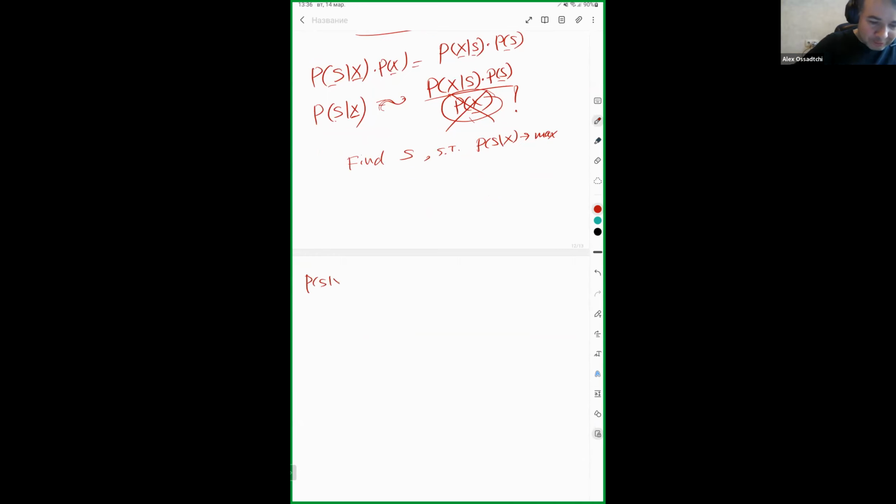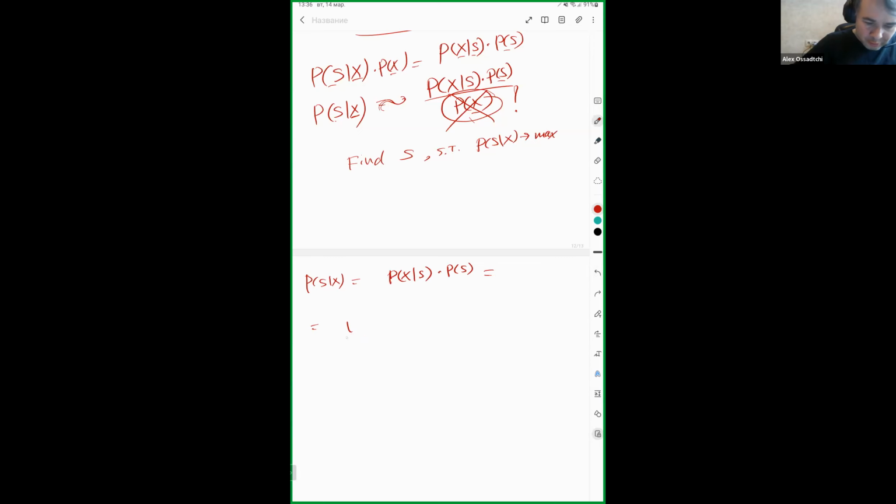Let's write P of S given X. It is P of X given S, the forward model, multiplied by P of S. One over 2 pi, I think, in the power n over 2, hold on, this is not a very nice beginning.